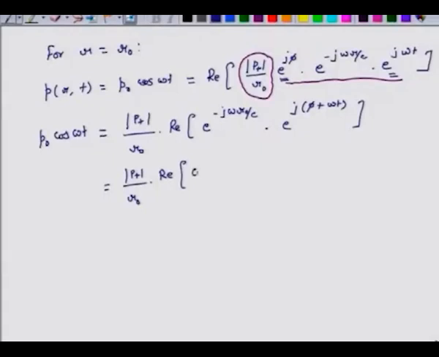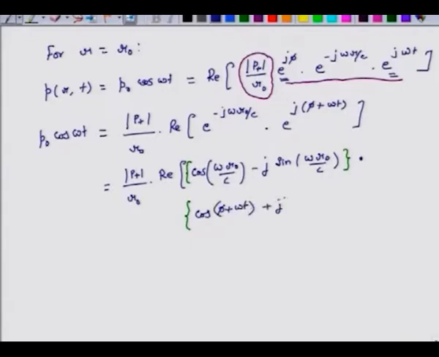So, what I get is cosine of omega r naught over c minus j times sine of omega r naught over c, and this whole thing is in parenthesis, and then I have to multiply this with another set of two terms, and that is cosine of phi plus omega t plus j times sine of phi plus omega t.